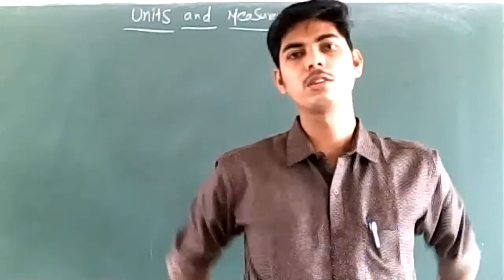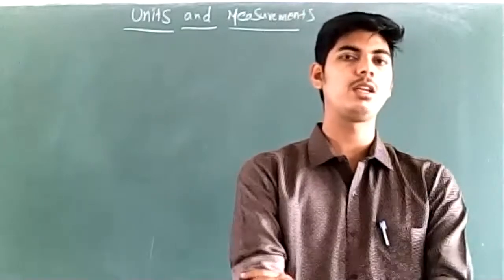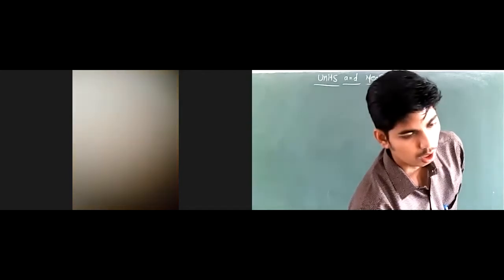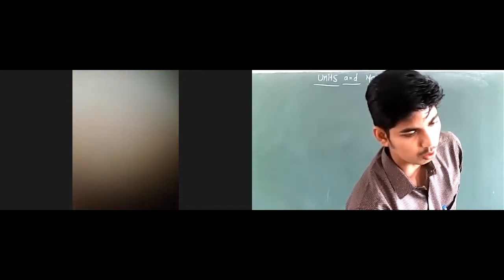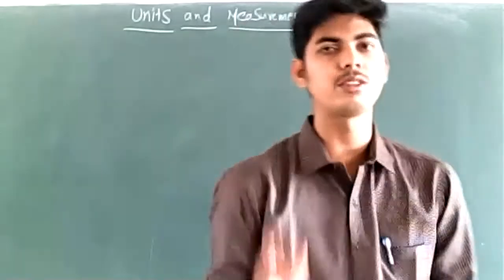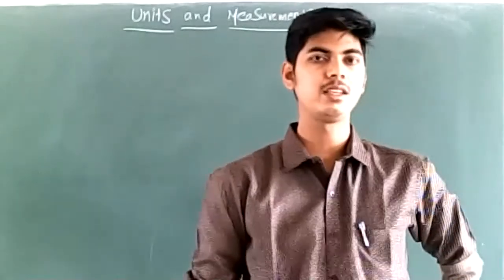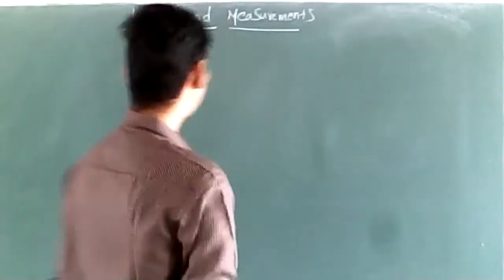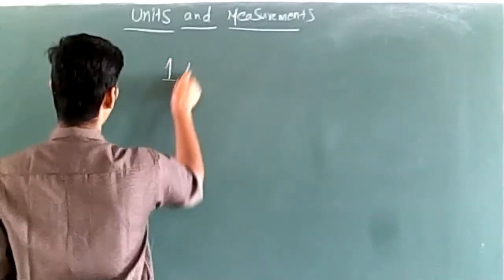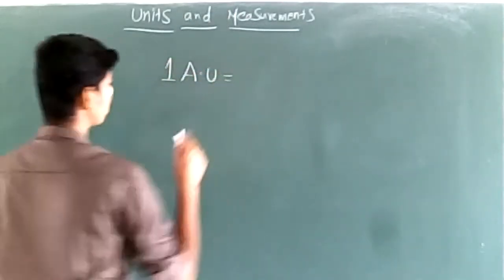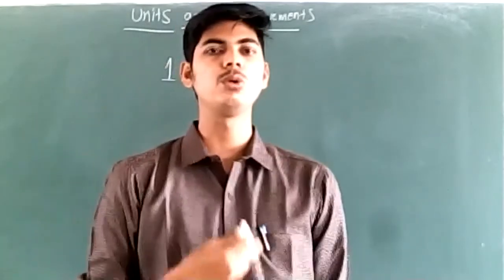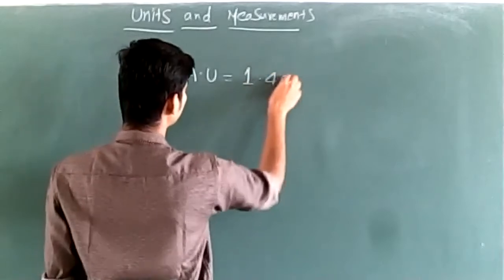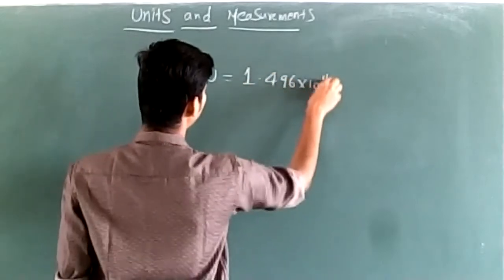Morning. In our last class, we were discussing some of the practical units of length used for measuring very large distances. I have told you we generally make use of units such as astronomical unit, light year, and parsec. Astronomical unit is the average distance between Earth and the Sun, and one astronomical unit is equal to 1.496 into 10 to the power of 11 meters.